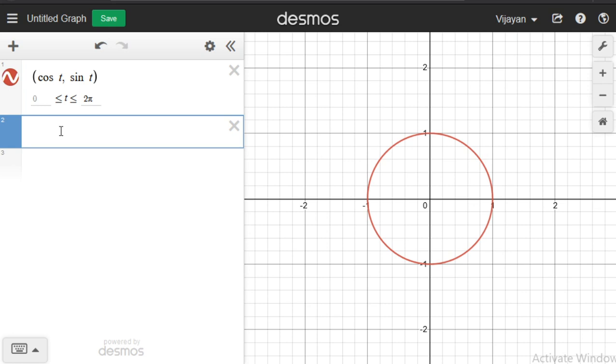Now another one I want to plot as cos of 2 pi, from 1 to n.